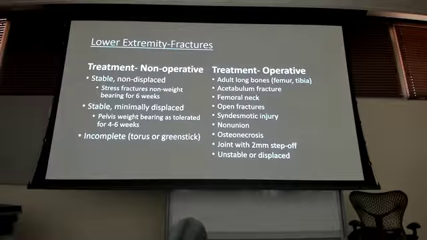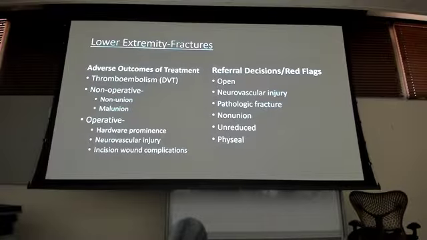When we're talking about the femoral neck, anything involving the acetabulum, or any pelvic fractures, they need operative management. Then open syndesmotic injuries, because we run the risk of the articulation between those two bones staying together, and then non-union, osteonecrosis, any joint with 2 millimeters of step-off, and anything unstable or displaced that we can't reduce.